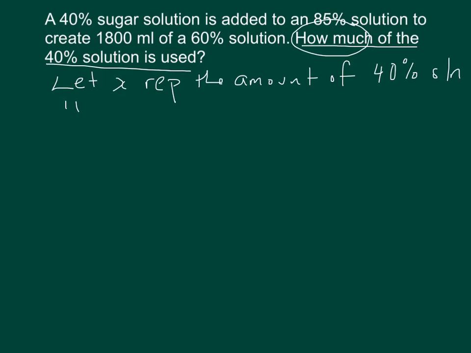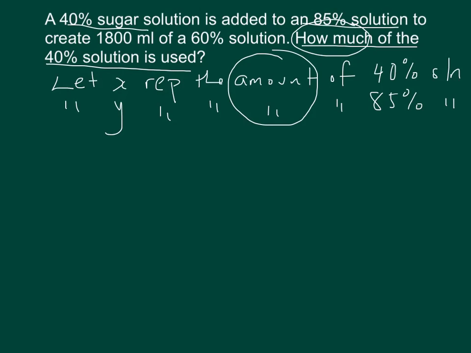And then let y represent the amount of 85% solution, because those are the two different sugar solutions we're talking about. You've got your 40% and you've got an 85%, and it's going to create 180 milliliters. So the key is identifying your variables correctly, because now we're saying let x and y represent the amounts. Massive, and really important to know.